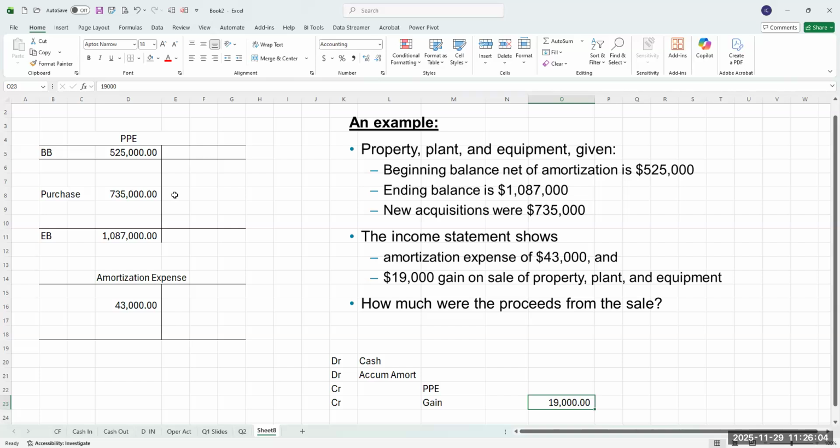I have to figure out how much went out from the net amount of the property, plant, equipment, which is property minus accumulated amortization, and from there find out how much is the cash. I don't know this, and I have no idea about this. That's what we have to figure out by having all this information. How can we do this?